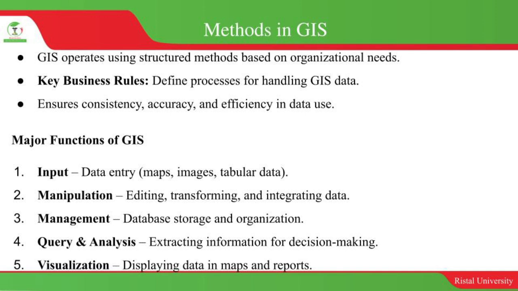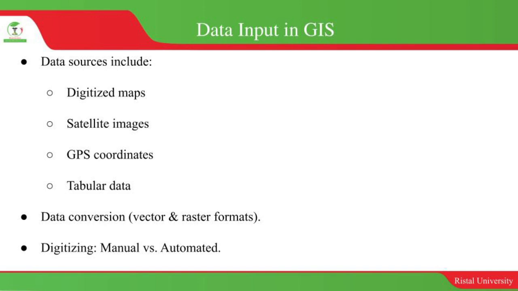So, data input in GIS, data sources include the digitized maps, the satellite images, GPS coordinates, and tabular data. So this is when you're entering information. And then for you to do conversion, you can do vector and raster formats. Then there's manual versus automated.